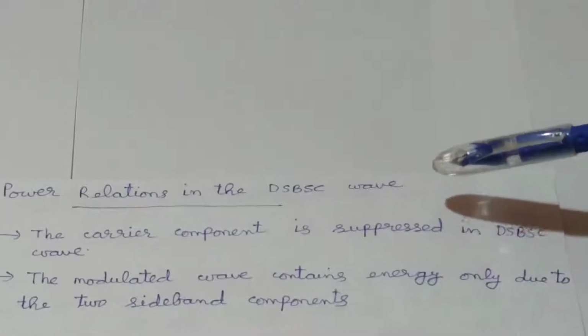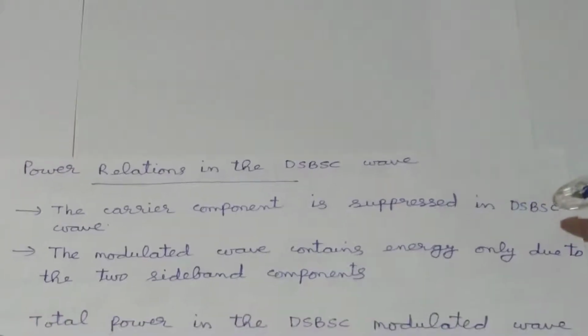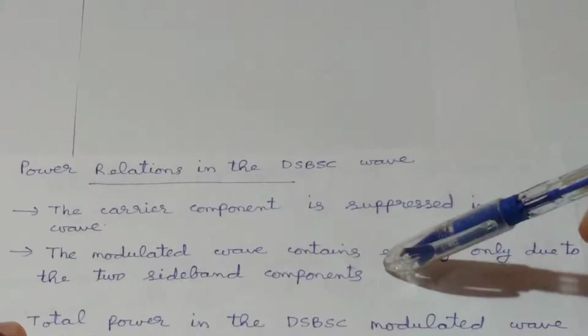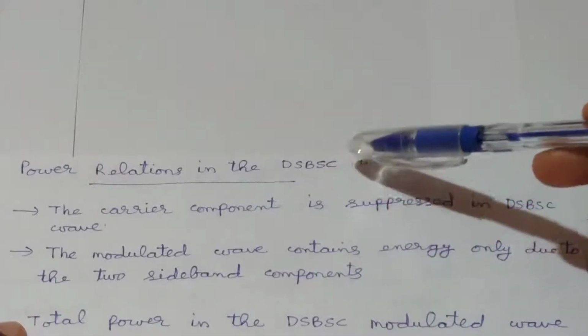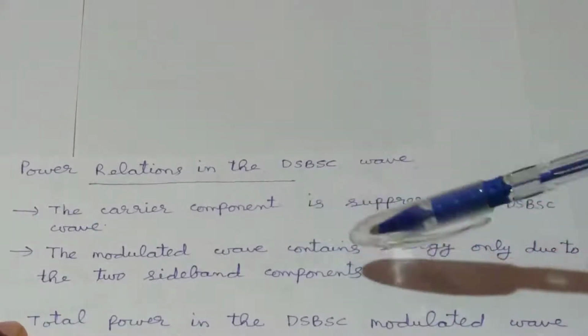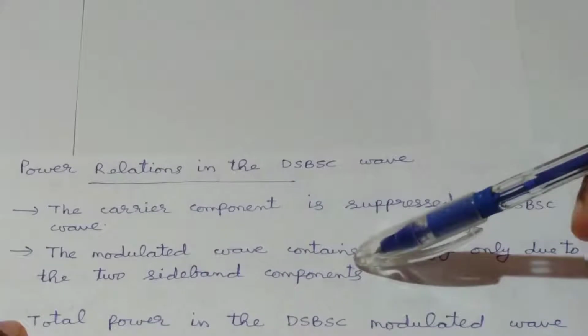We know the carrier component is suppressed, and the modulated wave contains energy only due to the two sideband components. The components present here are the lower sideband component and the upper sideband component.